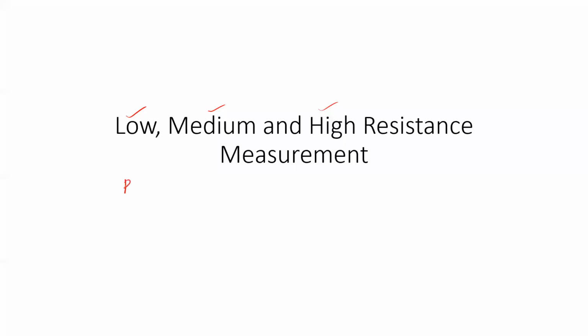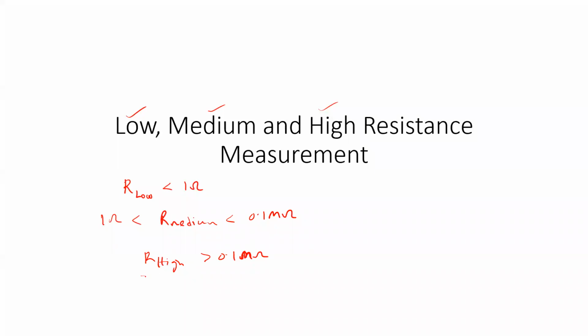If the value of the resistance is less than 1 ohm, then it is considered a low range resistance. If it is between 1 ohm and 0.1 mega ohm, then it is in the medium range, and if it is more than 0.1 mega ohm, then it is considered a high resistance.